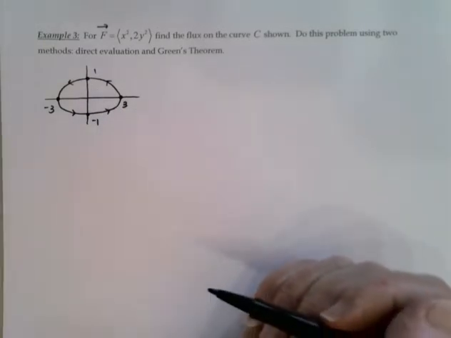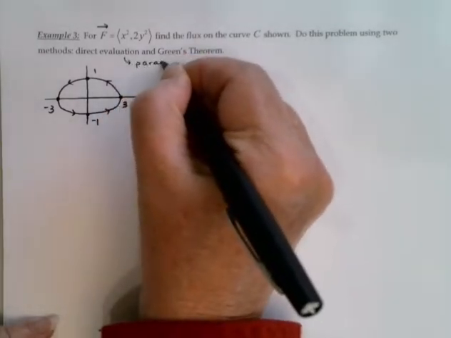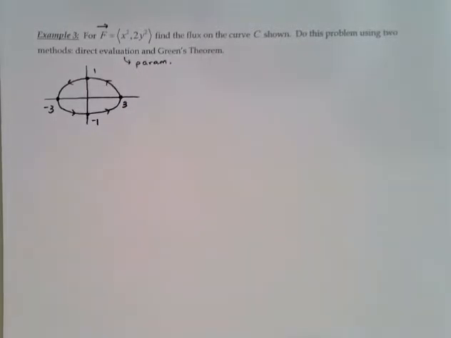And I'd like to once again do this twice. We'll do direct evaluation, or in other words, parameterization, and then we'll also do it using Green's theorem, and hopefully see that we can come up with the same result either way.